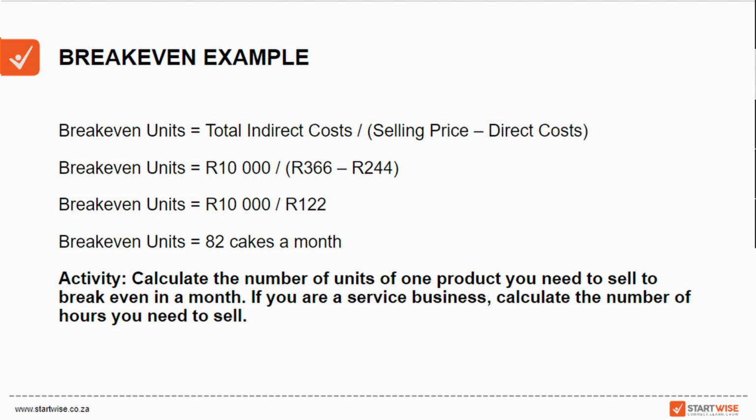Okay, Eric wants to know if you could say your selling price is your direct cost plus your indirect cost times your markup. You could, Eric, but remember your direct cost is per product and your indirect cost is per month.